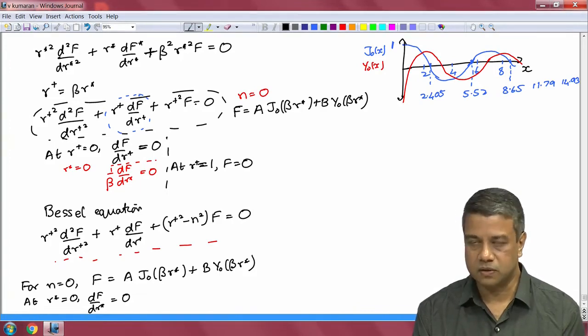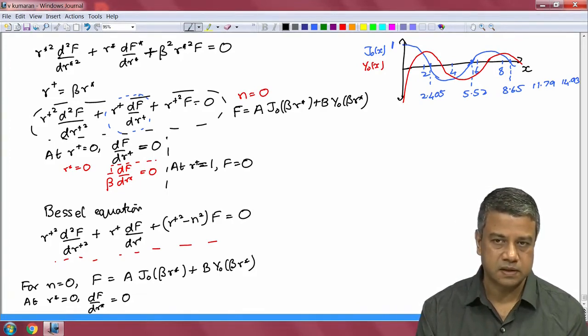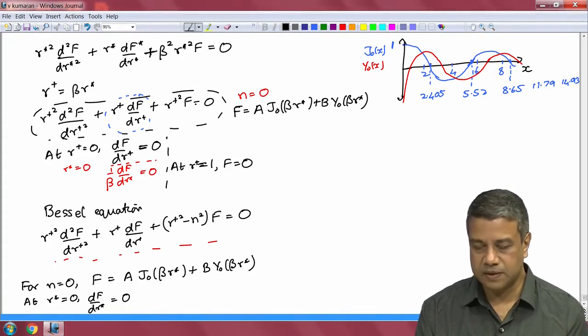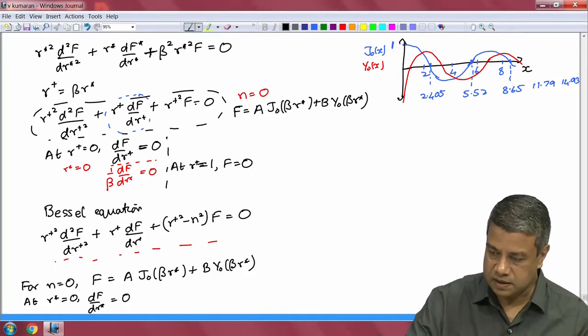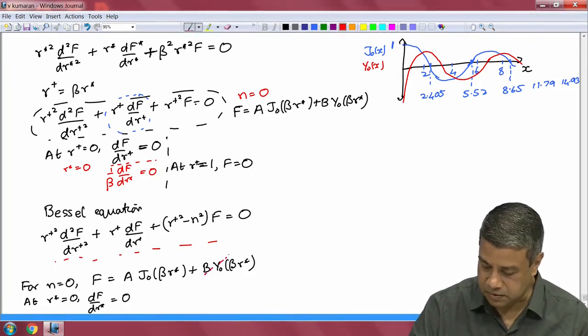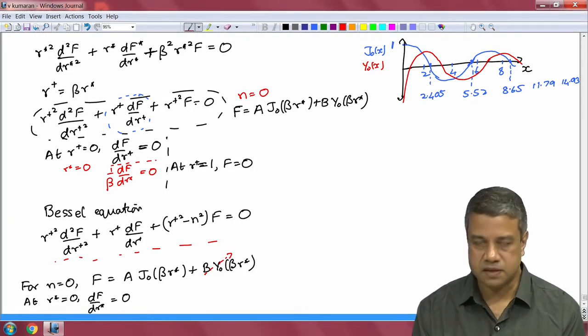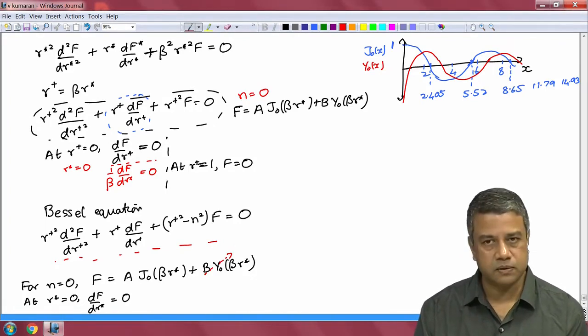The slope increases as 1 over x as x goes to 0. So the only way this boundary condition can be satisfied is if the coefficient B is set equal to 0.